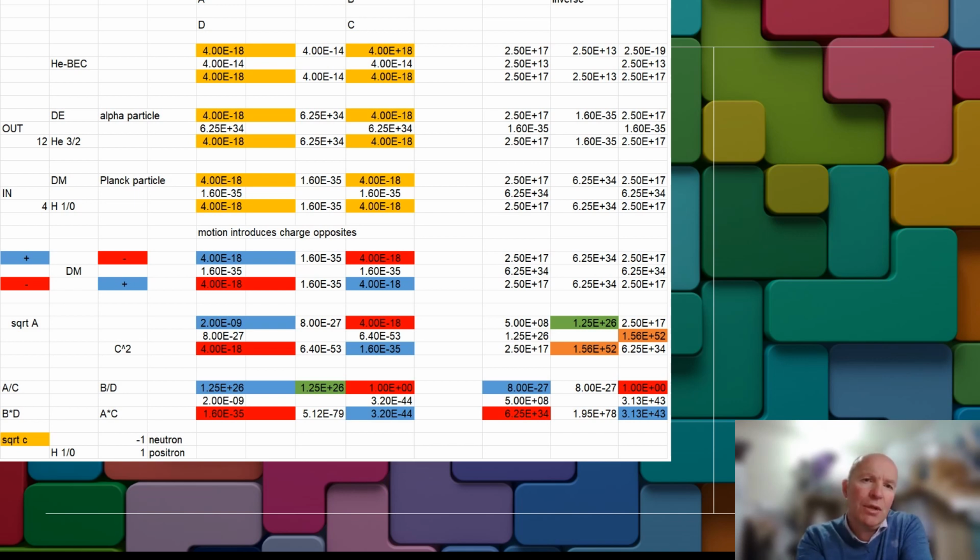But so in these numbers here, we're starting with 4e to the -18, which is the size of the positron and the electron based on the diameter. And as you can see, there are relationships between them, the distance being 4e to the -14, that's the Hebig singularity. And we move into the emission of alpha particles and the Planck particle, so dark energy and dark matter.